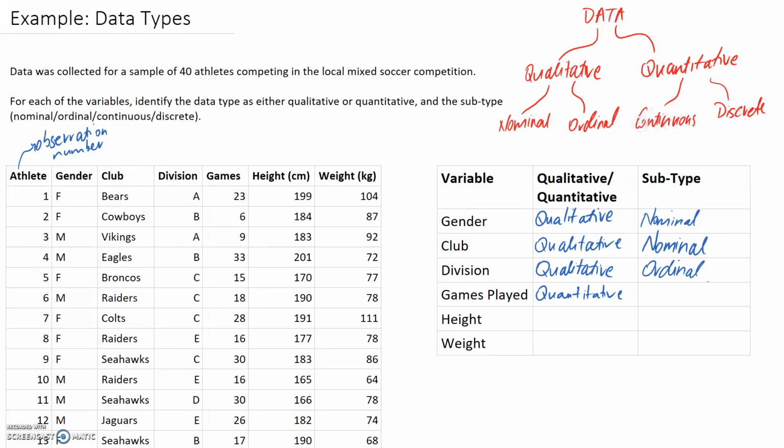Continuous is when you have an infinite number of values that it could take, and discrete is when there's a fixed number of values that your observation could take. For this, I would suggest that there is a fixed number, because if we're measuring the number of games that someone's participated in, it really is going to be a whole number. You've played in 1 game, you've played in 6 games, you've played in 20 games, and so on. So if there's a fixed number of values that it can be, then it's going to be a discrete type of data.